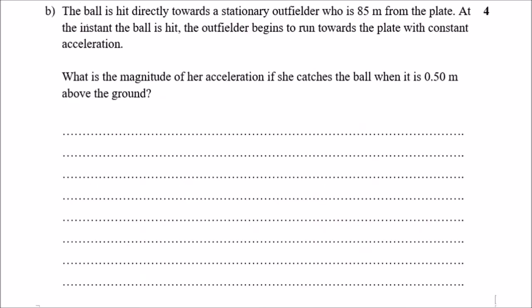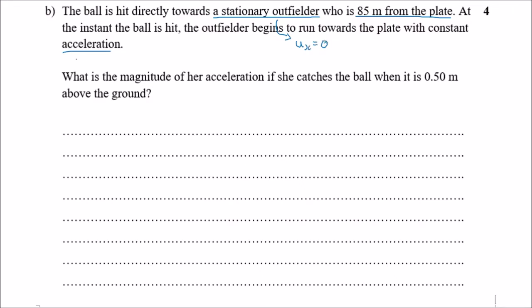The next question we're looking at is: the ball is hit directly towards a stationary fielder, using the exact same diagram we had before, who is 85 meters from the plate. At the instant the ball is hit, the outfielder begins to run towards the plate with a constant acceleration. If we look at the information given, we have a stationary outfielder, so ux of that outfielder is 0.